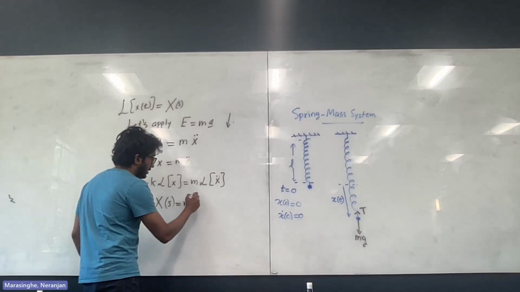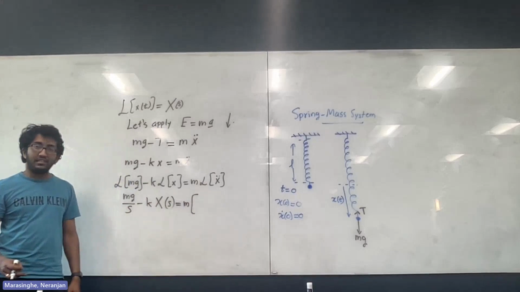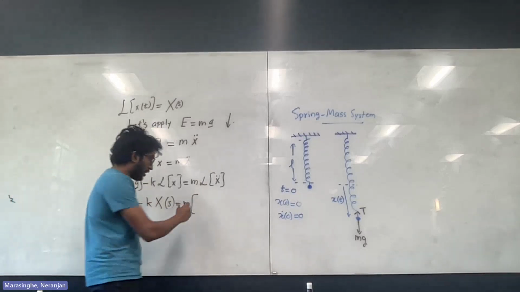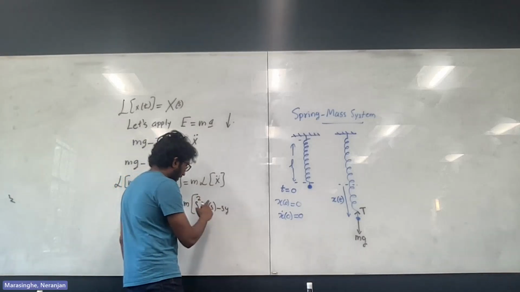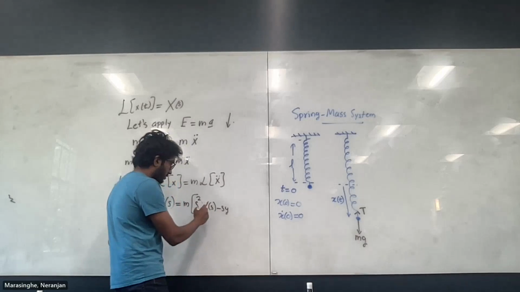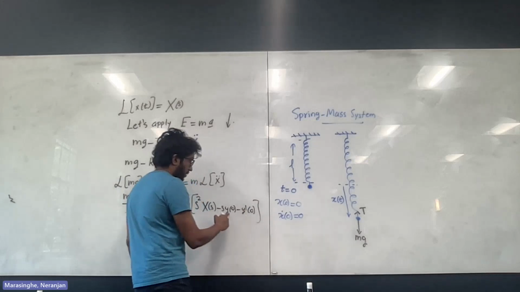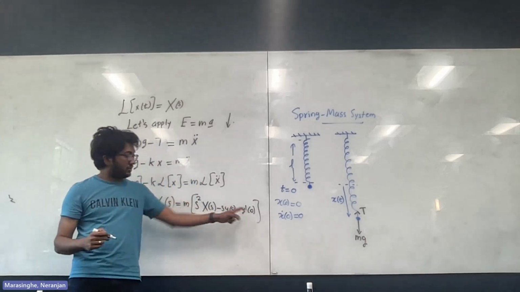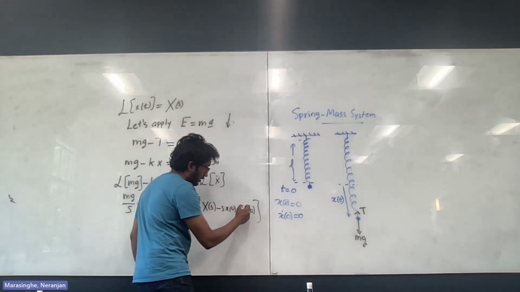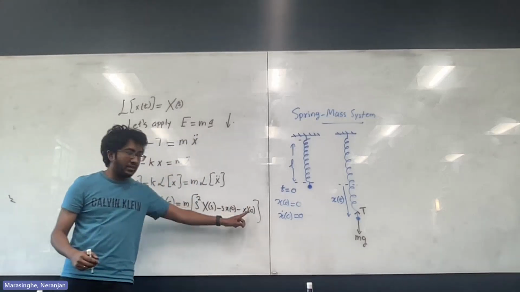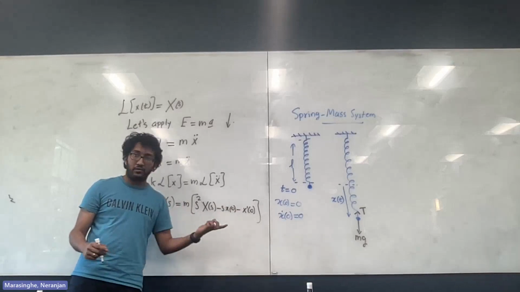Equals m times. Now you have the second derivative, right? So how do you find the Laplace of second derivative? It is s square X(s) minus s times x(0) minus x dash 0. But both of them are 0, right? x(0) equals 0, x dash 0 equals 0, because initial position and initial velocity are 0.